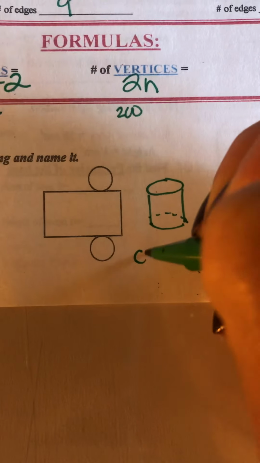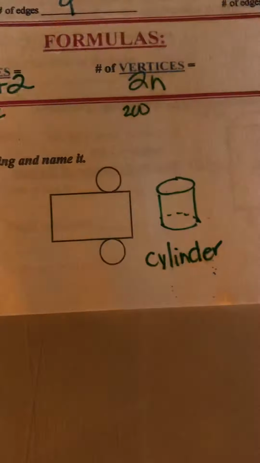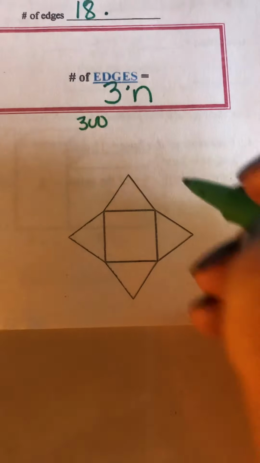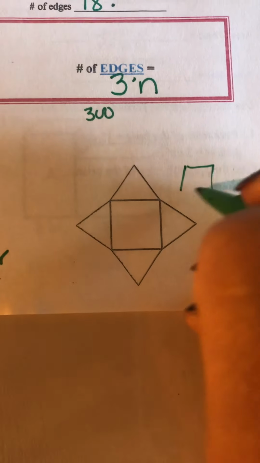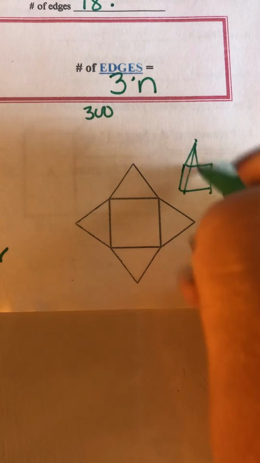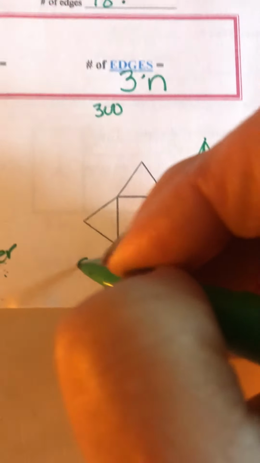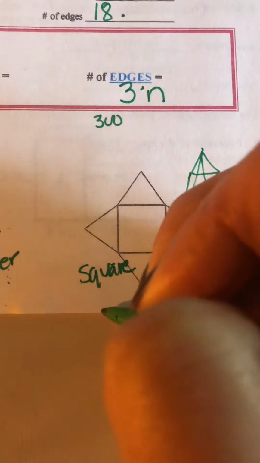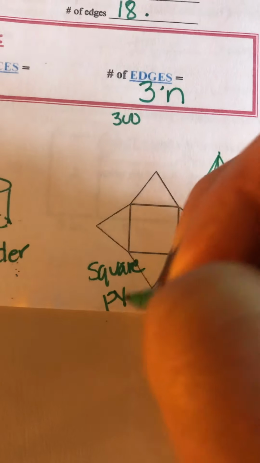You're right, it's a cylinder. It's good for our brains to fold these back up. And the last one, do you know what this one would be folded up? The square would be at the bottom, and then the triangles would kind of come to the top. So this one folded up would be a square pyramid.